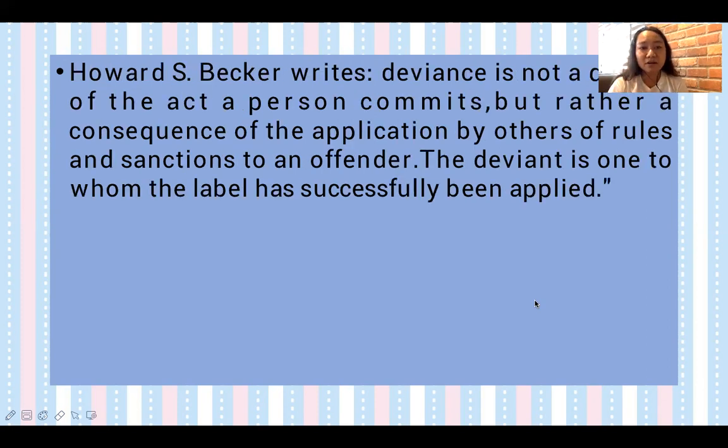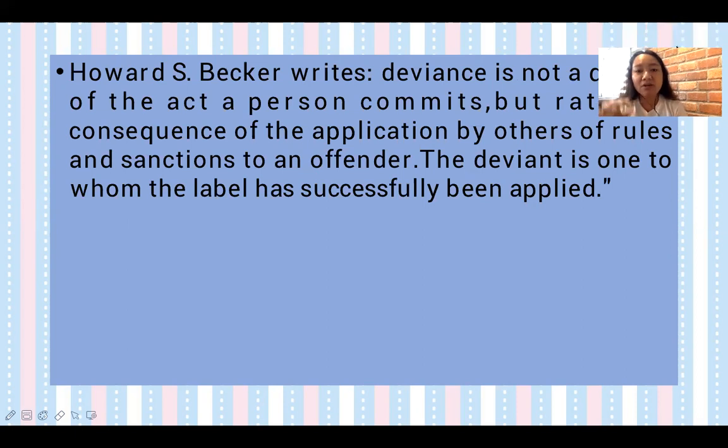According to Howard Becker, deviance is actually not a quality of the act or the person who would commit a certain act, but it is a consequence of the application by others of rules and sanctions to an offender. So it's the result of the action, not necessarily the action itself, but how we would react, how we would label. So the deviant is one to whom the label has successfully been applied.